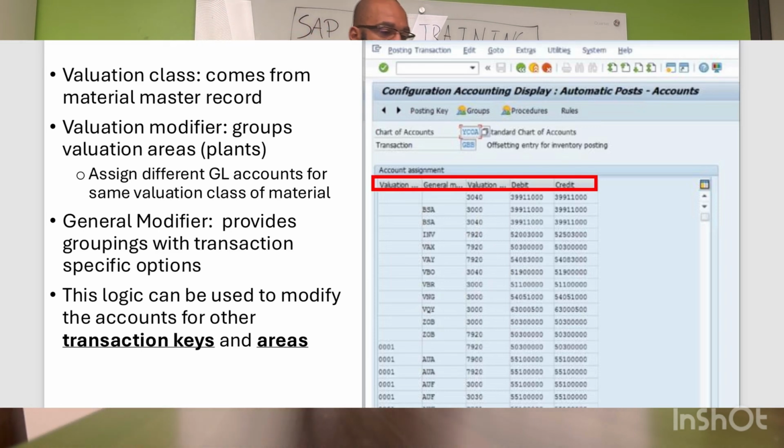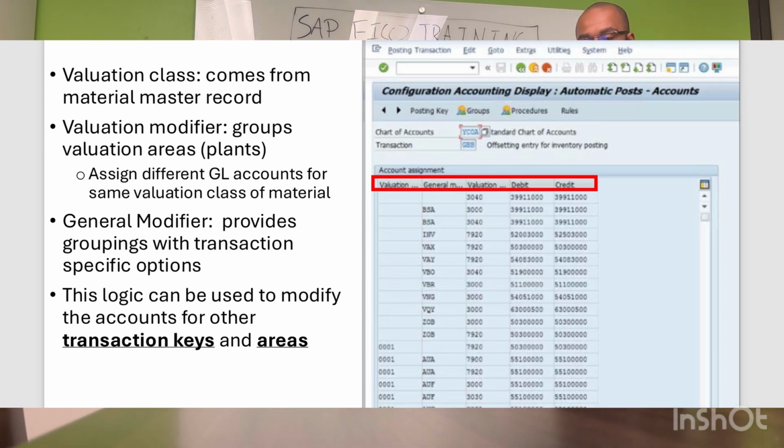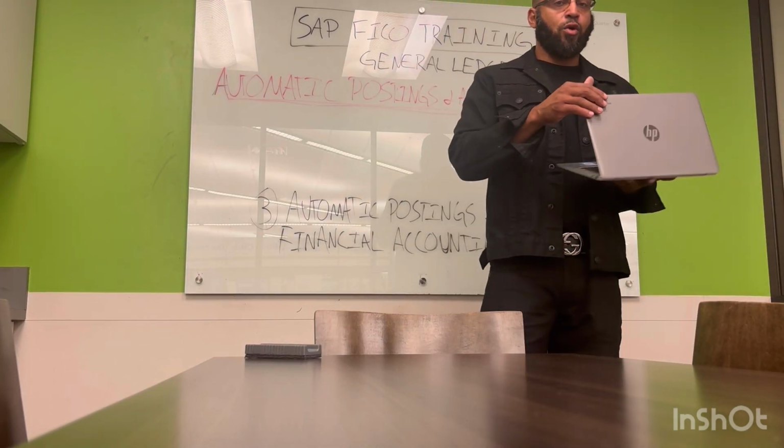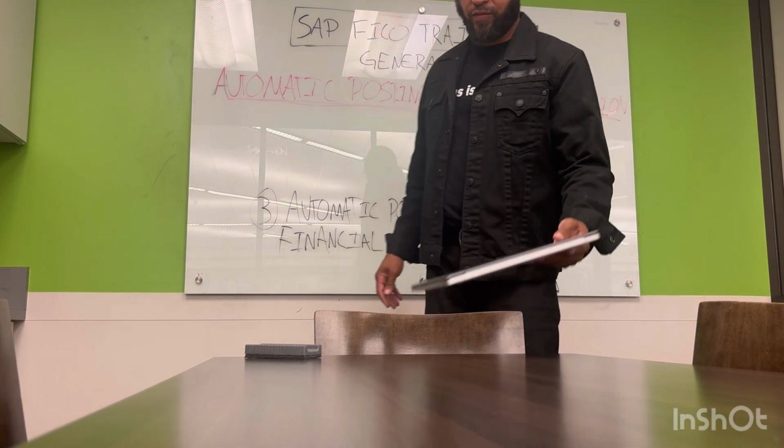Usually a valuation area is a plant, so it groups plants, and we can assign different GL accounts for the same valuation class of material. This logic can be used to modify the accounts for other transaction keys and areas. And not to be so abrupt, but that concludes this video.